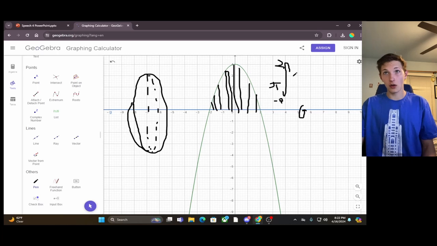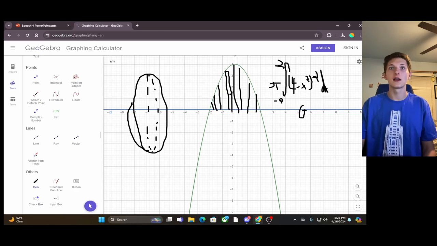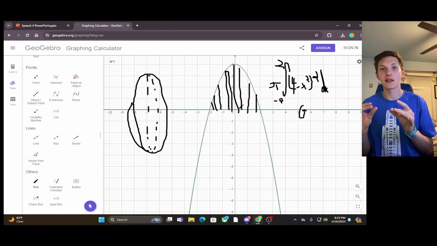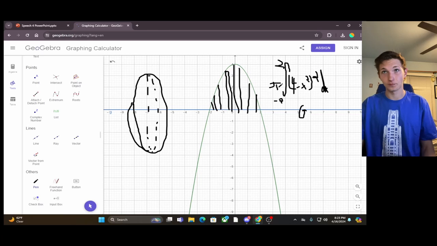So we have r squared, which is (4 minus x squared) quantity squared dx. dx is the little sections that we're going to be adding up together to get our whole thing. So we're going to quickly FOIL that out. I'm just bringing down the integration. I should probably put volume equals.